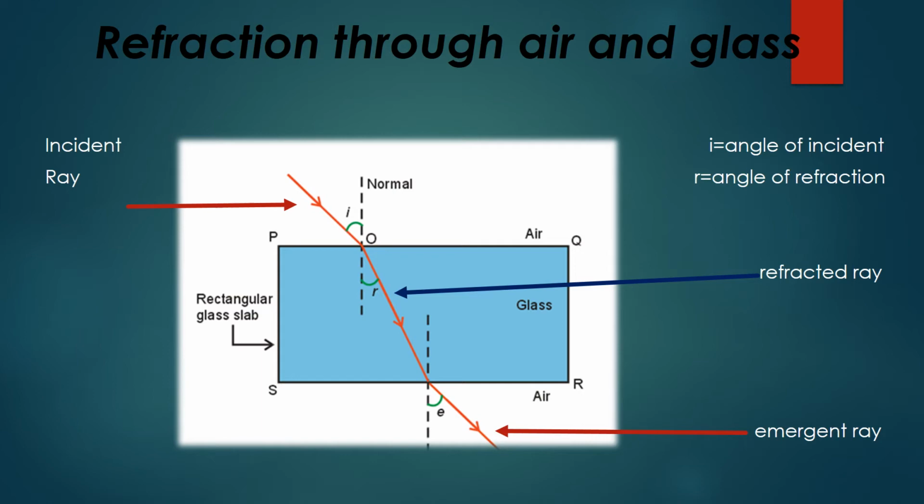What is it? Emergent ray. When the ray exits the glass block and enters the air again, we can see it bends away from the normal. This is because air is less dense than glass. So, the light ray travels faster across the air.